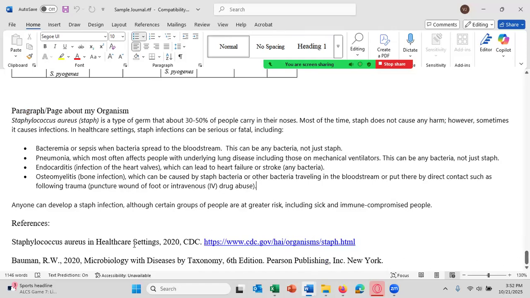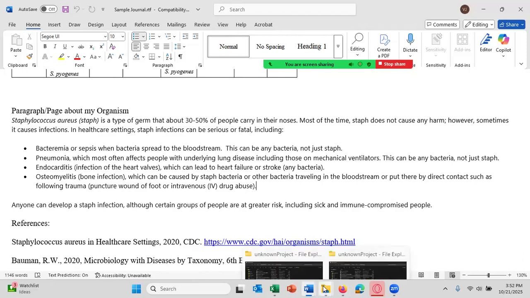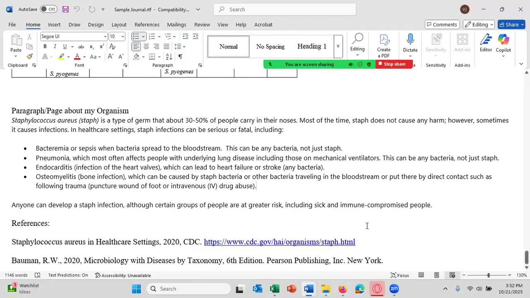Staphylococcus aureus in a healthcare setting from the CDC, and then he's using the textbook as well. 6th edition. Boy, that tells you how long ago this was, we're on about the 13th edition now. Pearson Publishing, New York. I think the author has changed too. I think there's more than 1 author.